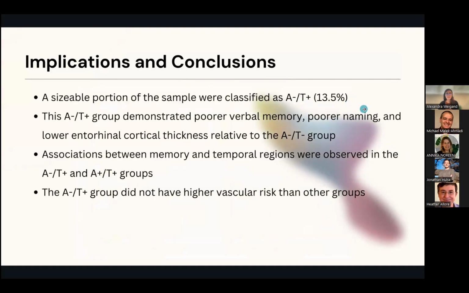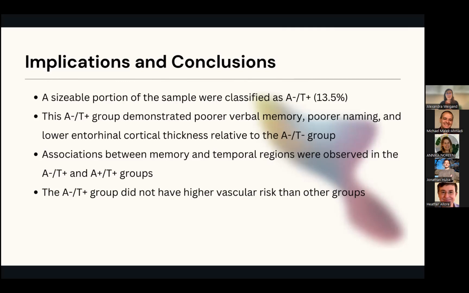So, some implications and conclusions. A sizable portion of the sample were classified as A minus T plus, or 13.5% of the sample. So this is not really a negligible group that falls into this classification. This A minus T plus group demonstrated poor verbal memory, poor naming, and lower entorhinal cortical thickness relative to the no pathology group.